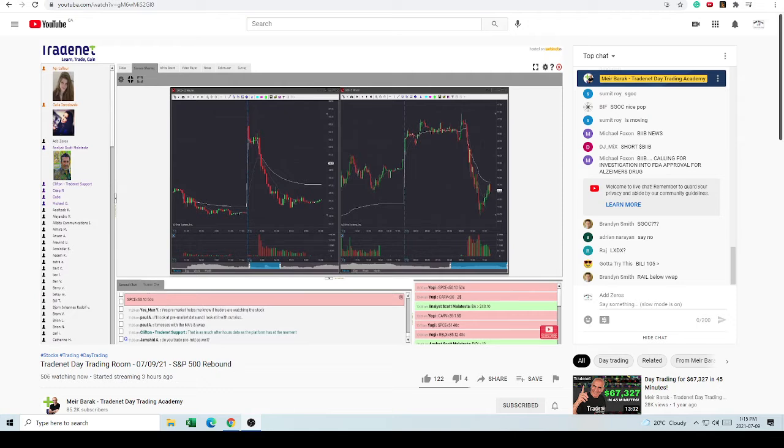Then you will see some kind of resistance at 47 after the first 15-20 minutes, and then the stock sells off and comes back to 46.51. All these data points are very important for me as a trader to understand where the sellers are, where the imbalance in the market is, where the buyer wants to buy, and where the buyer doesn't want to buy.